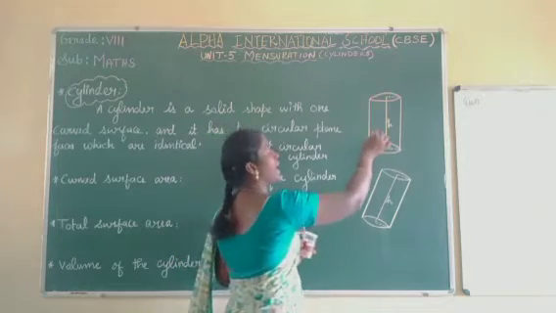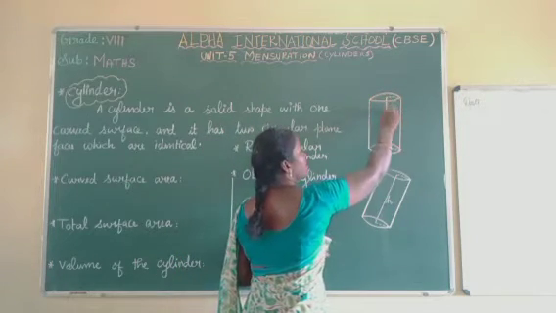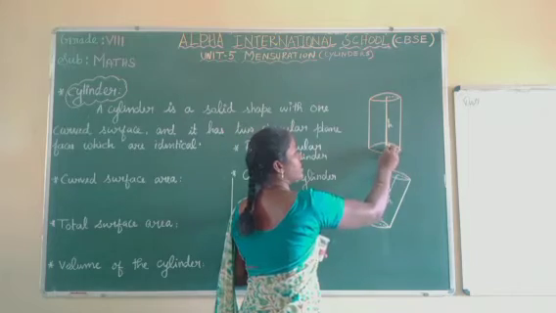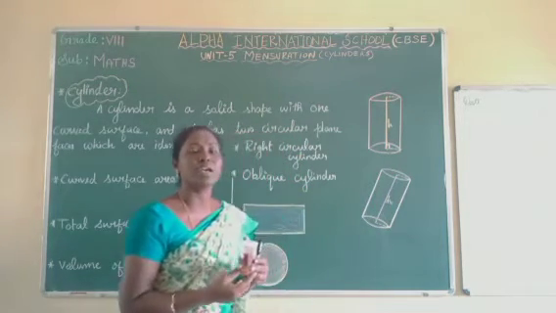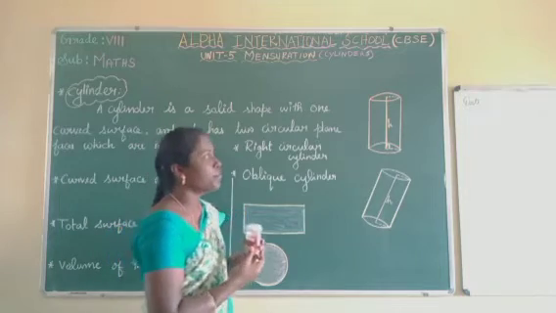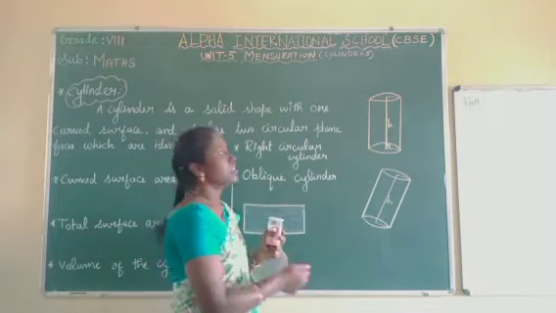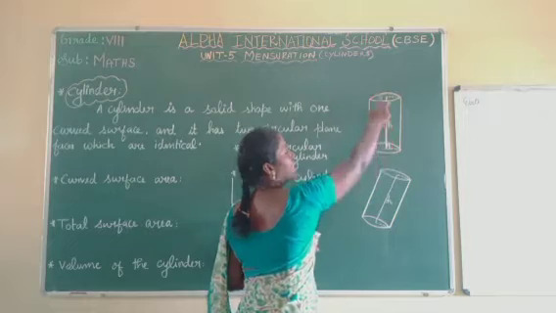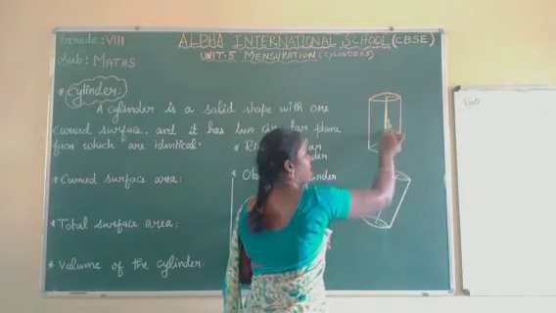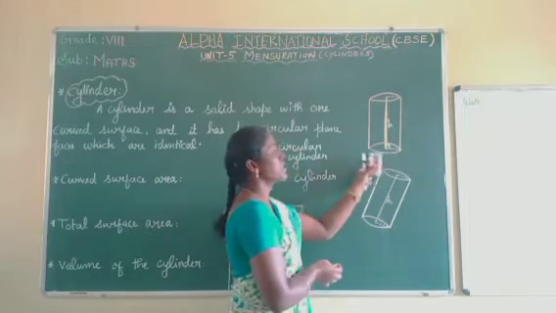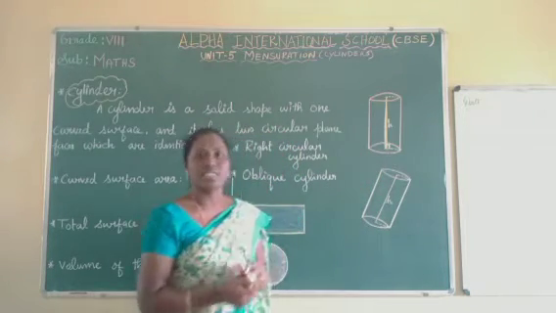If you connect the height from the center of the circle to the bottom face of the circle, it will be at a right angle. The height of the cylinder will be at a right angle. They are placed straight. The two circular faces are aligned straight, so that the height will be at a right angle. So this type of cylinder is called a right circular cylinder.